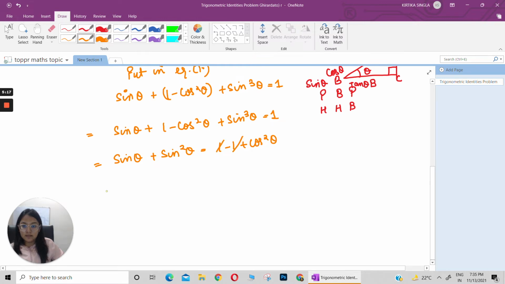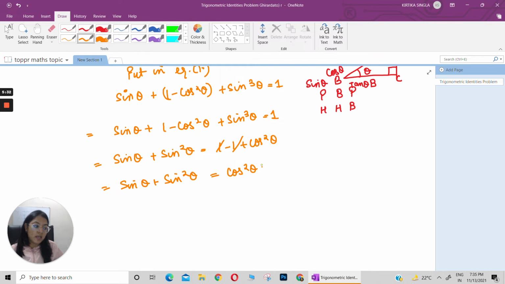The 1 and 1 cancel, and we get sine theta plus sine cube theta is equal to cos square theta. Now, we don't have any formula in which sine theta can be written in the form of cos. So what we can do here is take sine theta common first of all.